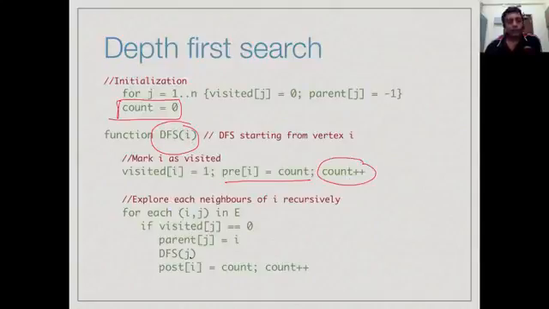Likewise, when I'm about to exit, I mark post of i equal to count, and again I increment the counter. In between, remember, a lot of recursive calls happen, so the count at this point is not going to be the same as the count which I incremented. There's going to be a lot of stuff happening in between, and it turns out that from the order in which these two numbers, pre of i and post of i, fall across vertices, I can actually recover a lot of information.